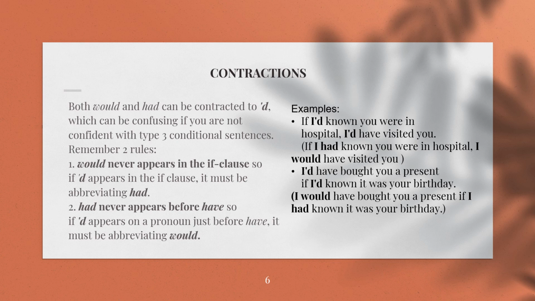The second rule. Had never appears before have, so if 'd appears on a pronoun just before have, it must be abbreviating would. For example, if I'd known you were in hospital, I'd have visited you.